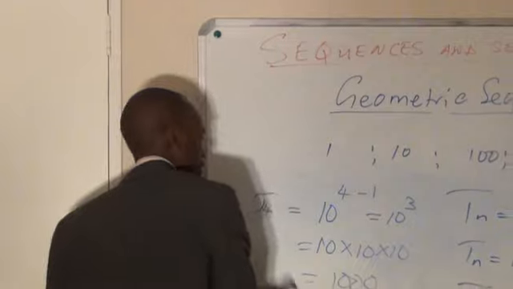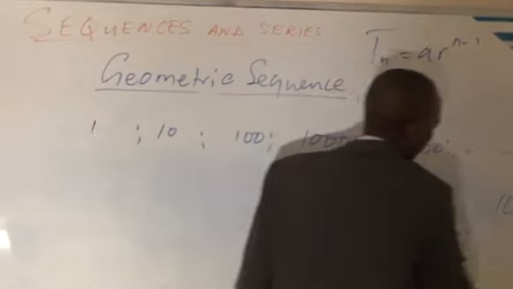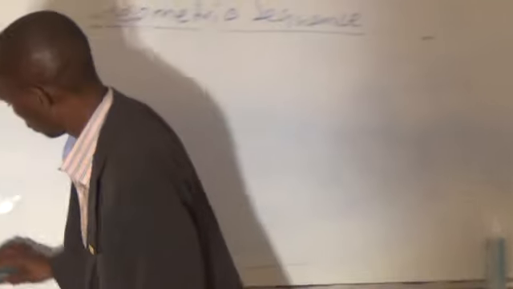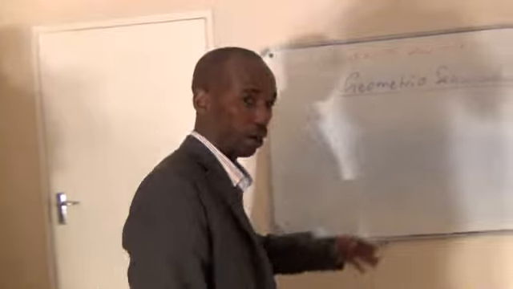Let's suppose we have the following sequence, and I want one of you, because you guys are clever now, to tell me exactly what's happening with this sequence that I'm going to put down here.